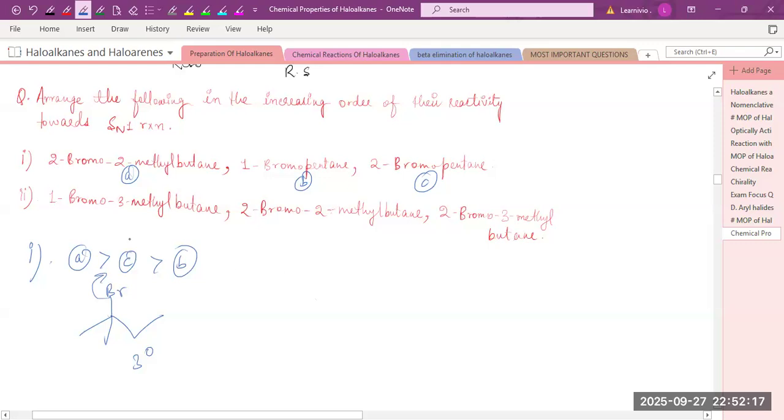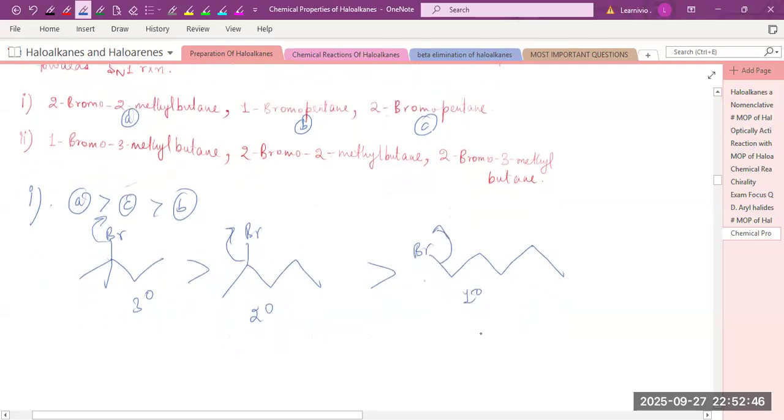Now, after this C, 2 bromopentane. So 2 bromopentane will give you a secondary carbocation. This will be removed and it will give you secondary. And this third one is your 1 bromo. Bromo is attached, so it will leave and you will get primary. So 3 degree, then 2 degree, then 1 degree.